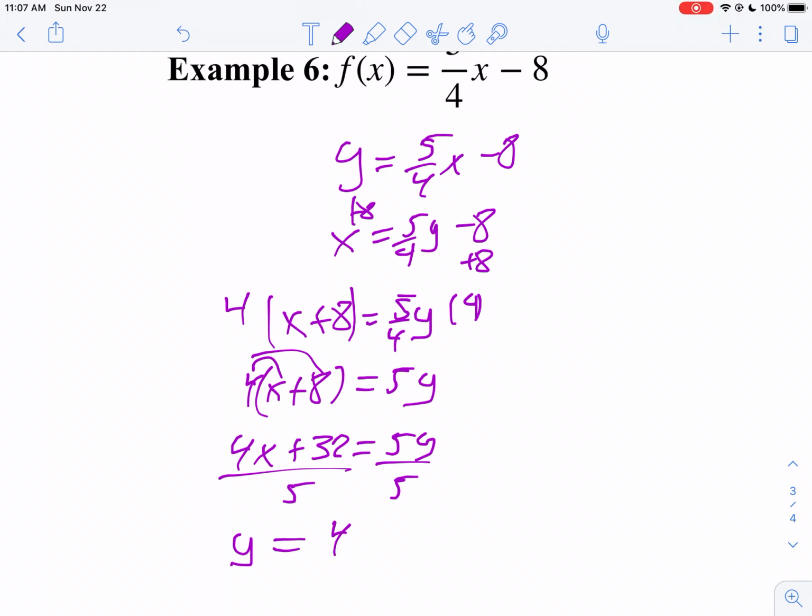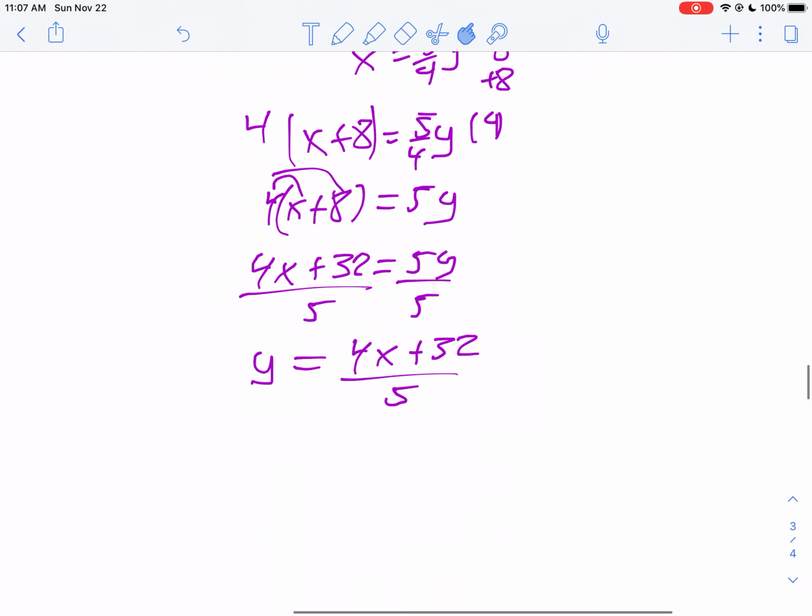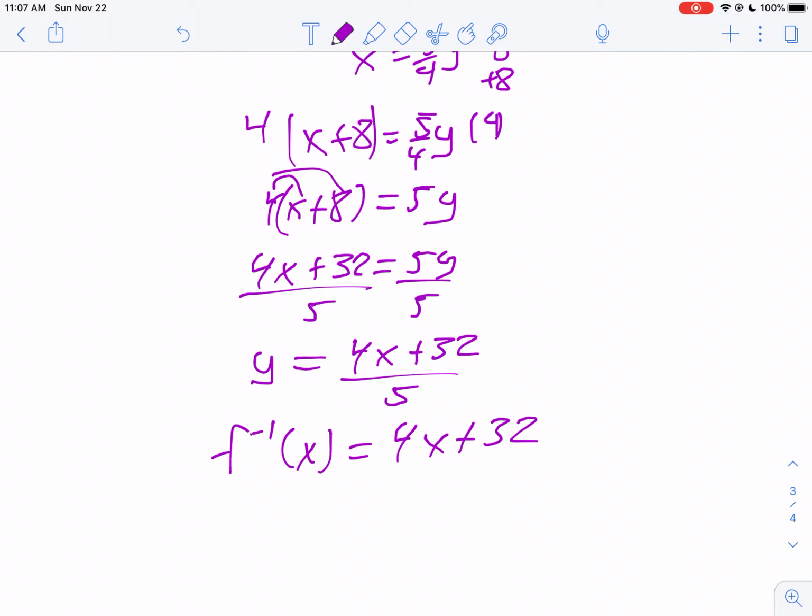So you get 4x plus 32 all over 5. Notice 5 does not go into either one of these terms, so I think I'm just going to leave it how it is. So then we're going to say f inverse of x equals 4x plus 32 all over 5. And there's that solution.